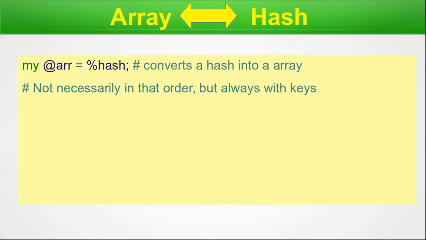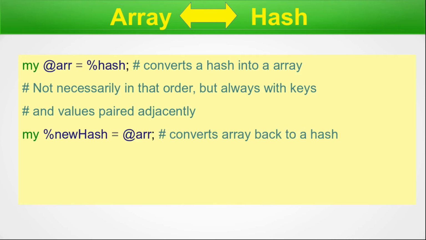So when we convert into an array, there will be no order. If you remember, initially we were placing one key and one value to create a hash. When they are turned into an array, keys and values will now reside side by side, so key 1 value 1, key 2 value 2, in this order.